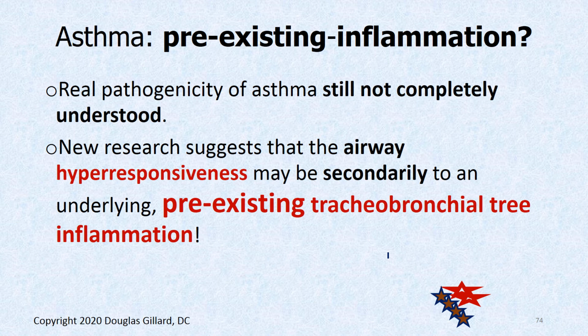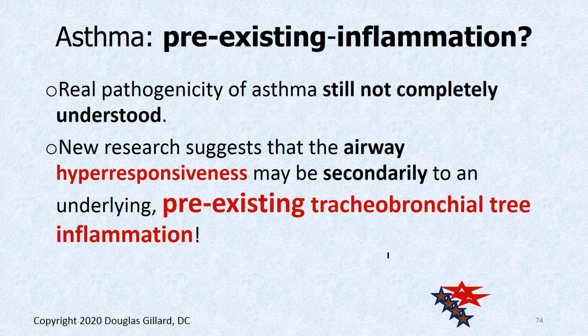Pre-existing inflammation. So this is relatively new, but the real pathophysiology is not understood for asthma completely. There is some new research that shows, we keep coming back to this inflammation, don't we? New research shows that airway hyperresponsiveness may actually be secondary to something.